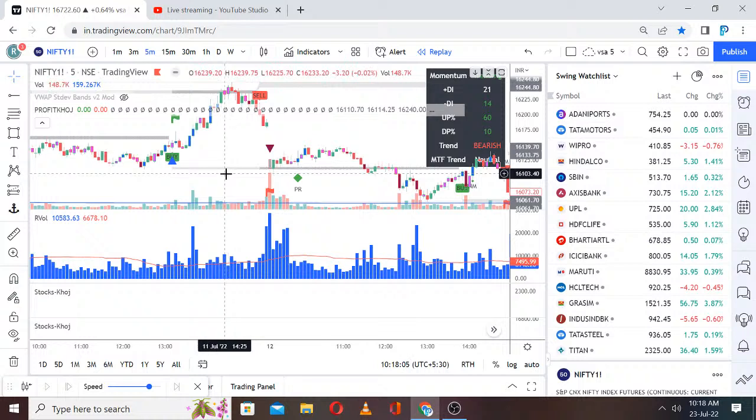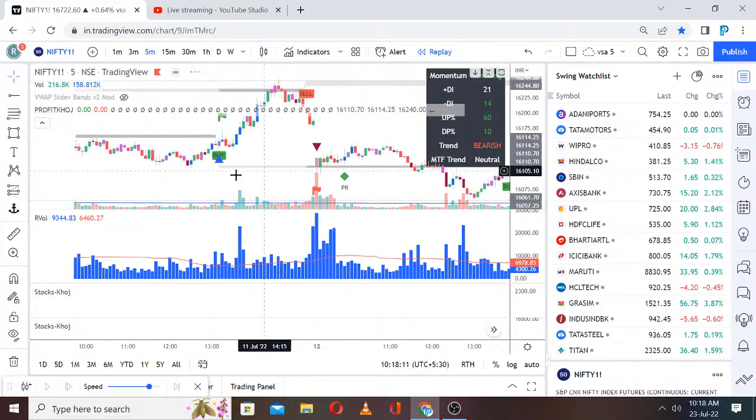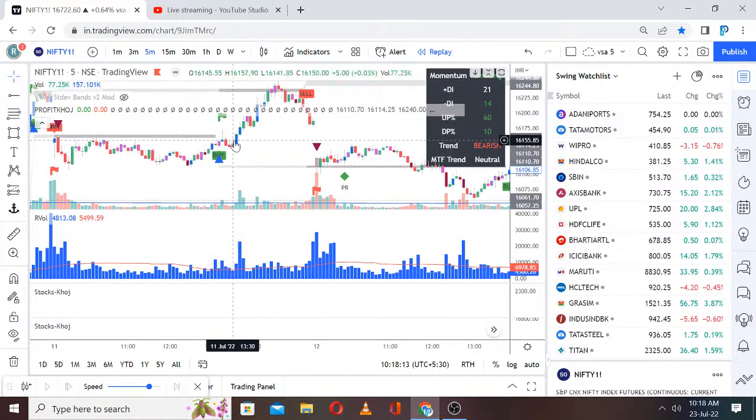You see here higher volumes than recent candles. This is the break test confirmation we have taken. It is still lower than these volumes earlier, the supply.